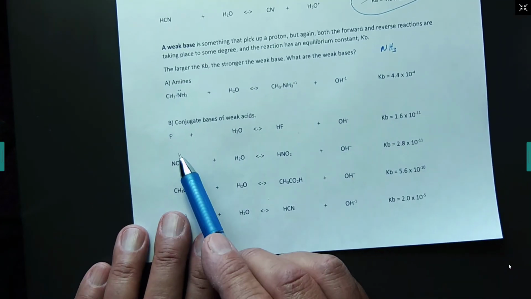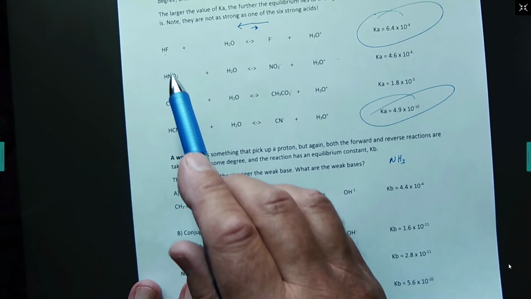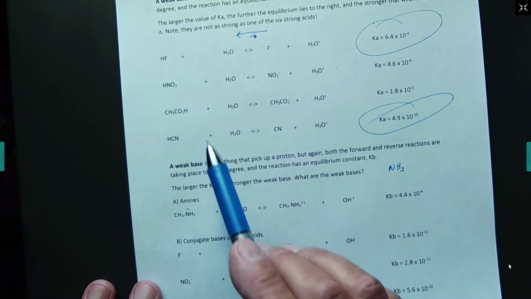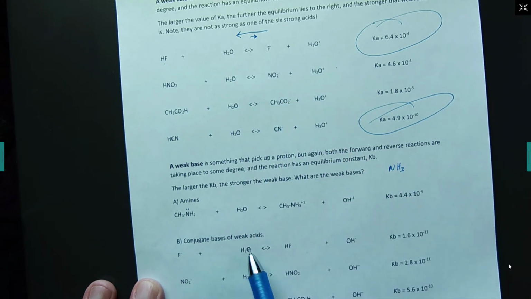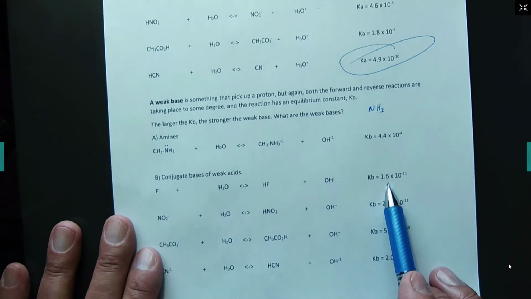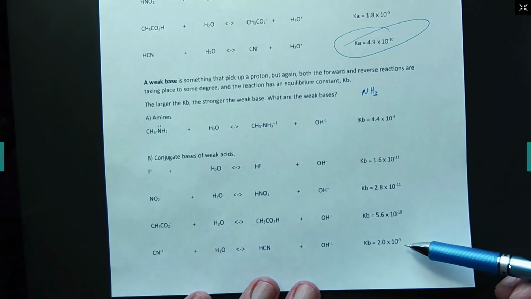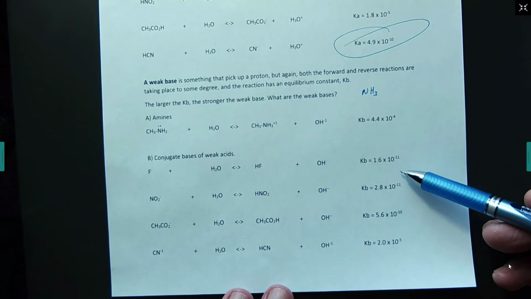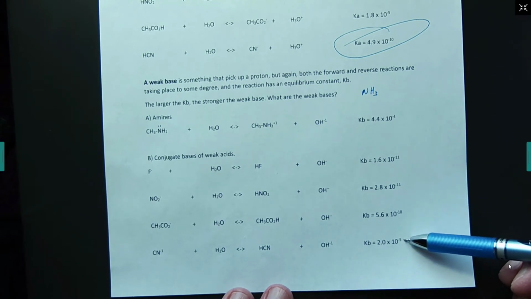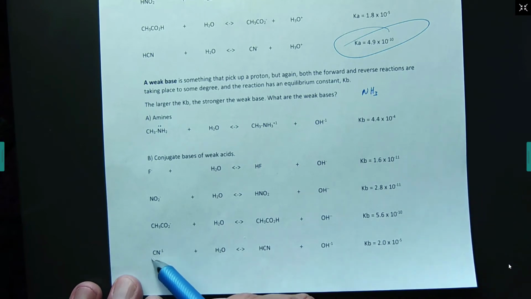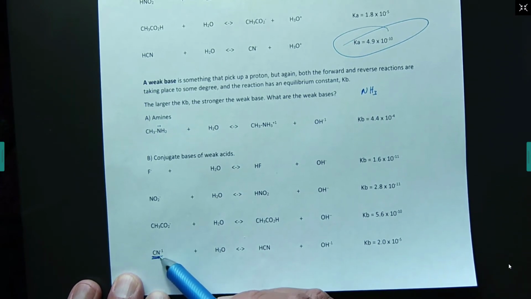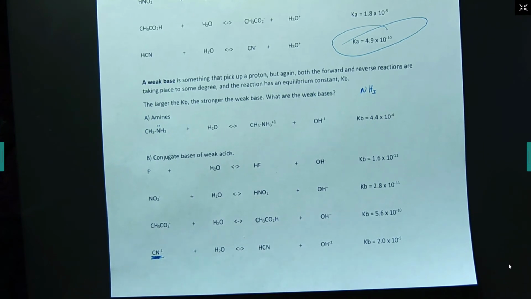So you see here, HF is a weak acid. It can donate a proton. F- is a weak base that can remove a proton from water. And same thing holds. The larger the value of Kb, the stronger the base. So between all of these, who's the strongest of these bases? 10 to the minus 5th is a much larger number than all these others. So your strongest of these weak bases would be your cyanide ion.